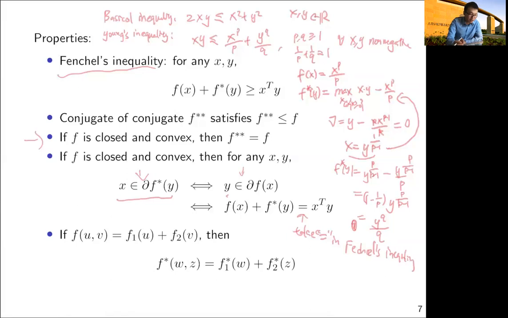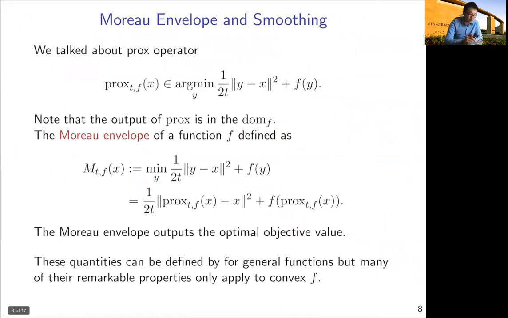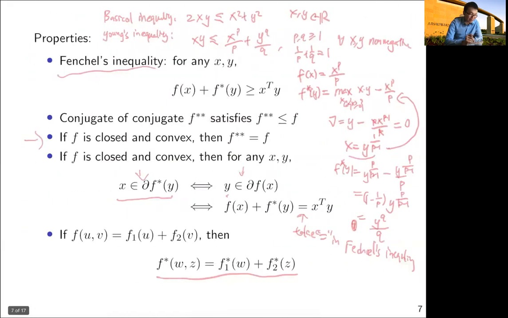If that is the case, then you can calculate the conjugate function by simply doing this. I hope this list of properties convinces you that the Fenchel conjugate is something of great interest, and it is also of mathematical beauty.